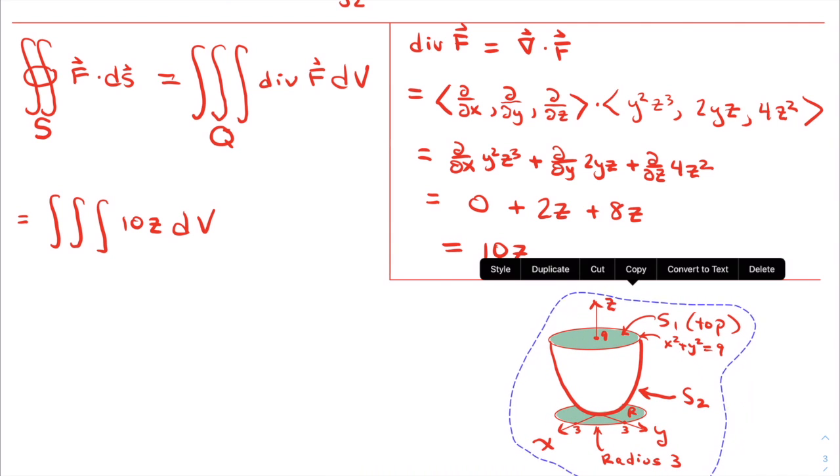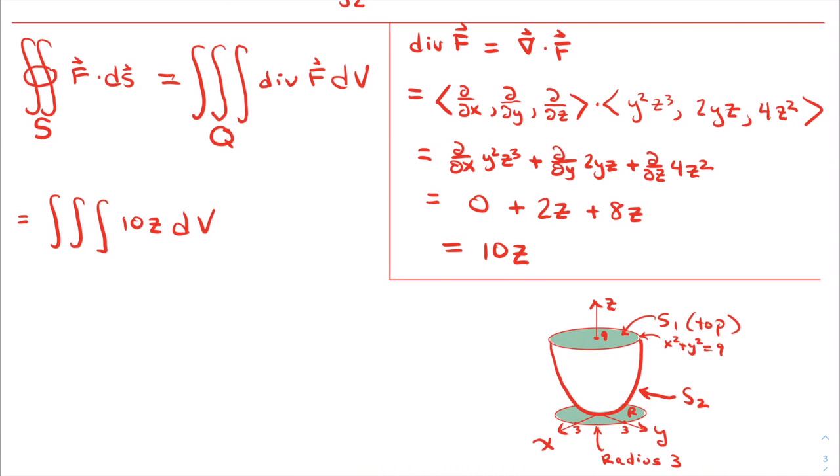I think it might be a good idea to put this into cylindrical coordinates. So for the top, remember z is x squared plus y squared, and we should just say that that's r squared. No, that's the bottom. Forgive me, that's the bottom. So z is just r squared on the bottom. And of course z is 9 on the top.